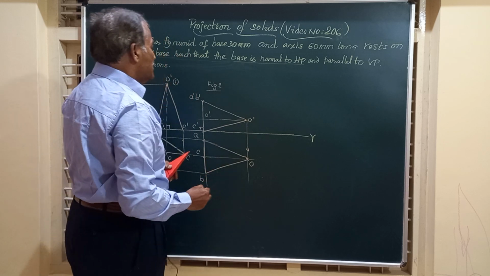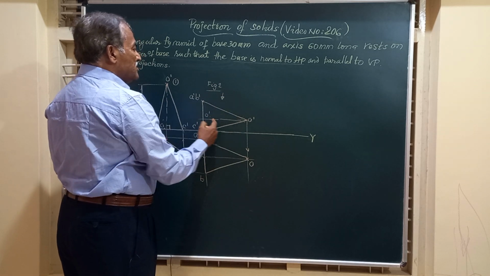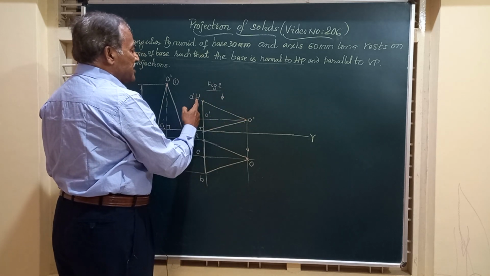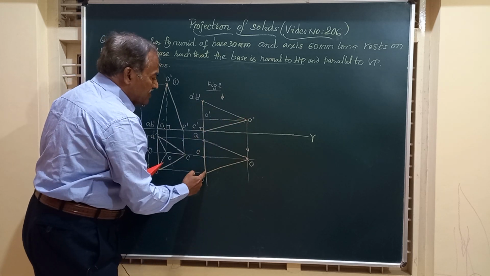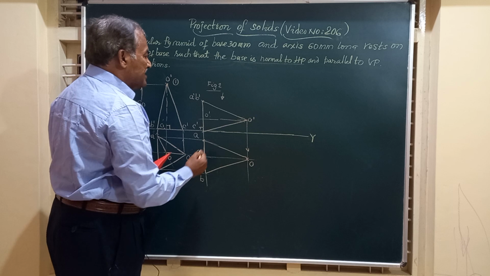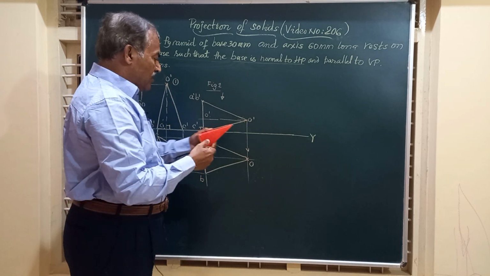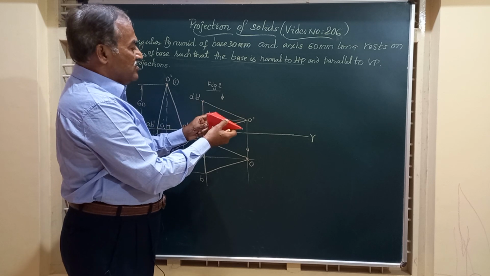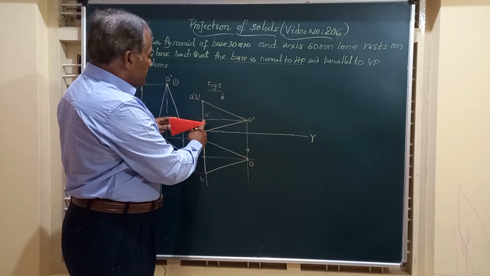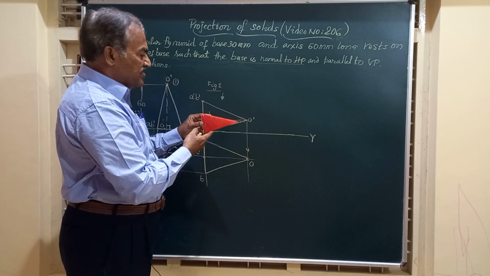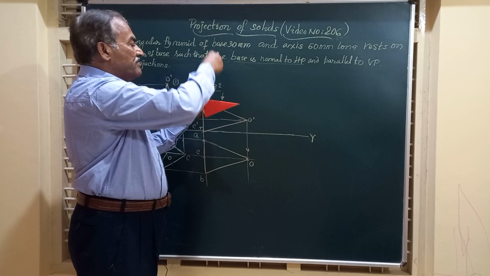Friends, just observe, if you are looking from the top, the edges o dash a dash, o dash b dash are visible, and hence I have shown them by dark lines. Whereas the slant edge o dash c dash, which is covered by this, like this. So this edge o dash c dash, which is shown here, is not visible from the top.